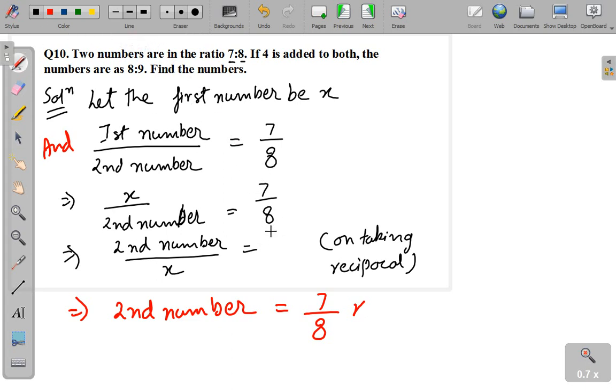Let me change it. It is 8/7 after doing the reciprocals. So the second number is 8/7 times x.